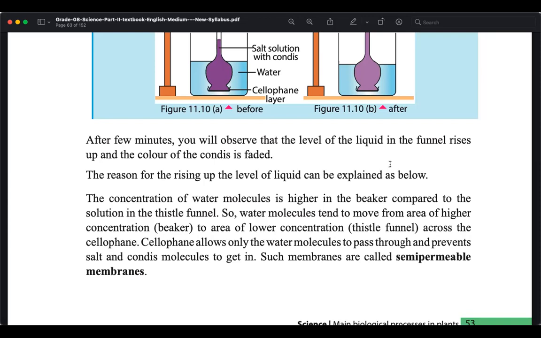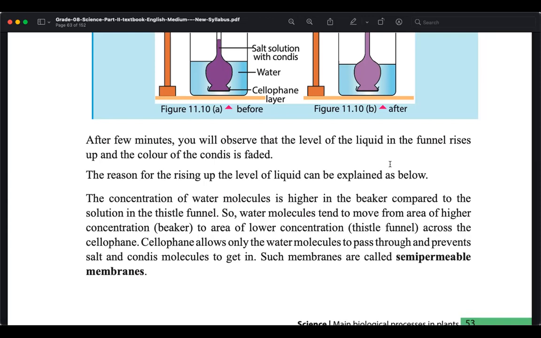You can taste the water in the cellophane funnel, and also check the water which is filtered out. So this concept which they mention here should be applicable that way also. That means it should not allow these salt particles to move through, but it will allow water molecules to pass through.